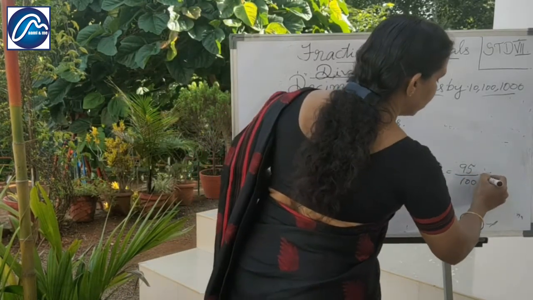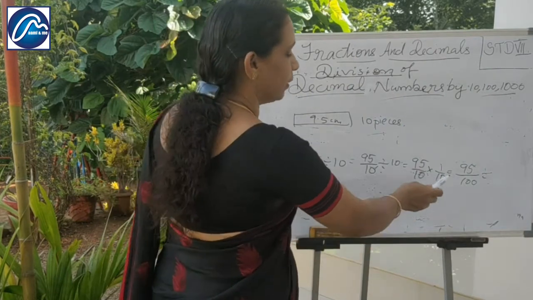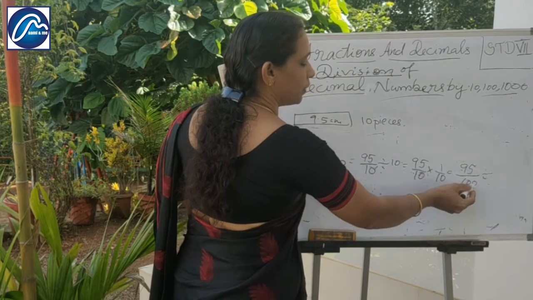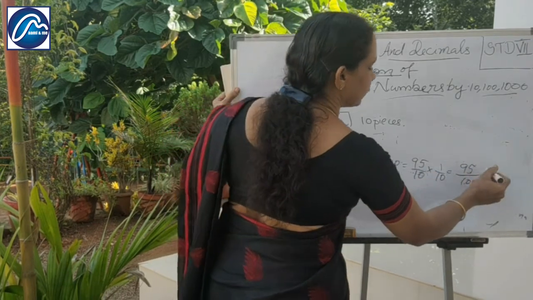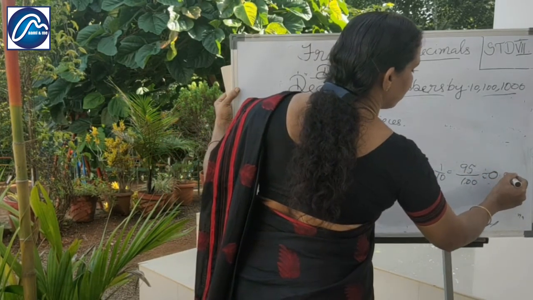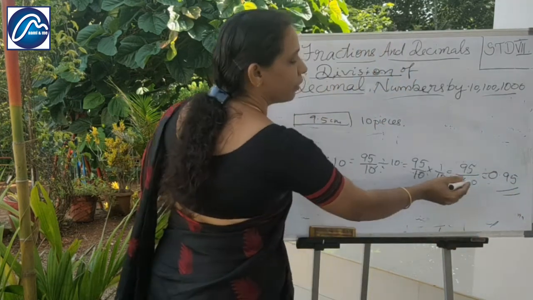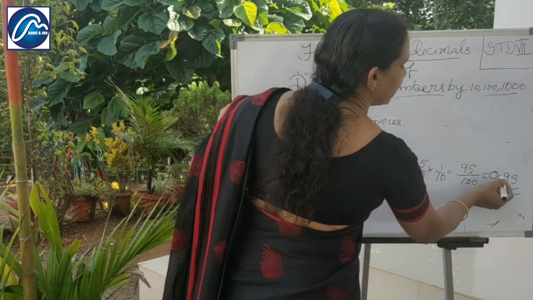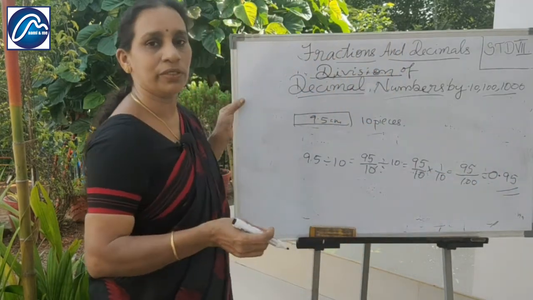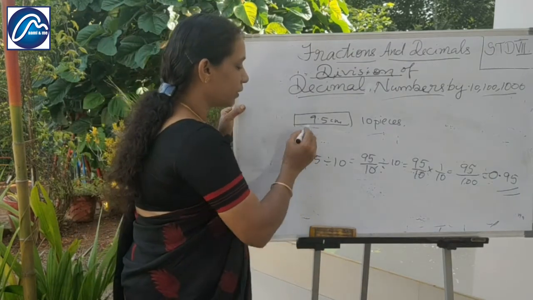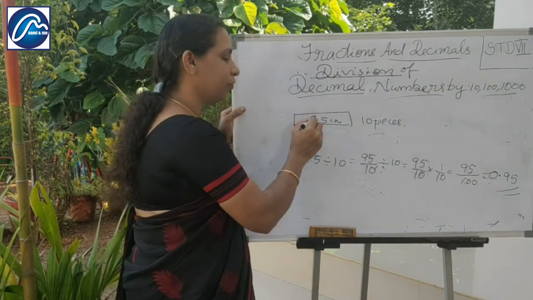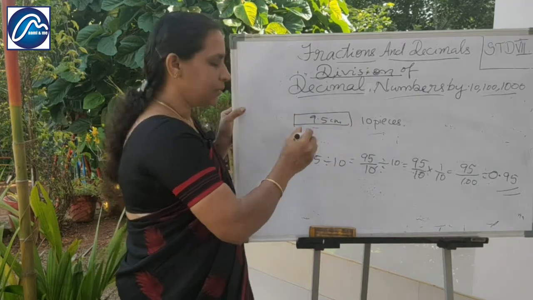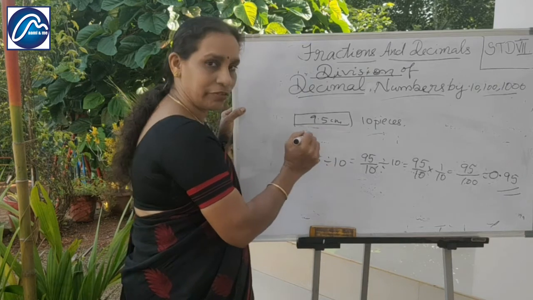Then the answer: by looking at the zeros here, we will put a point. 1, 2. 2 zeros are there, so 2 decimal places will be there. You will write 0.95. There is no value in writing the 0 here, but why are we writing it? Because we want to show this decimal point. When you have a strip of 9.5 centimeters on the paper, you need 10 pieces. Then you are dividing 9.5 centimeters by 10.